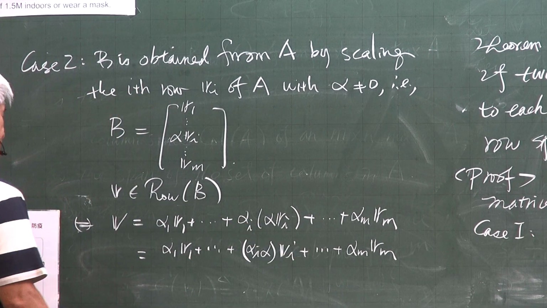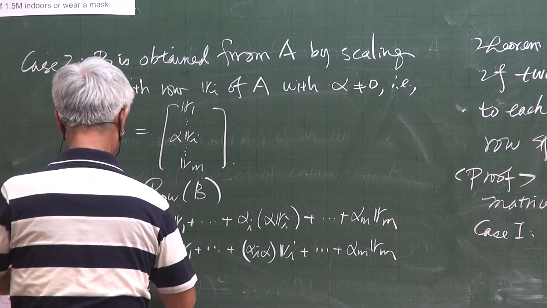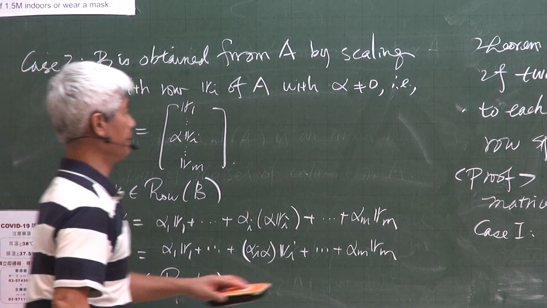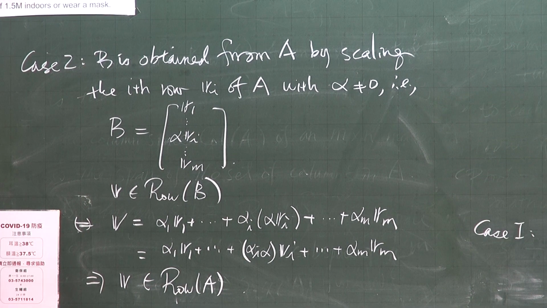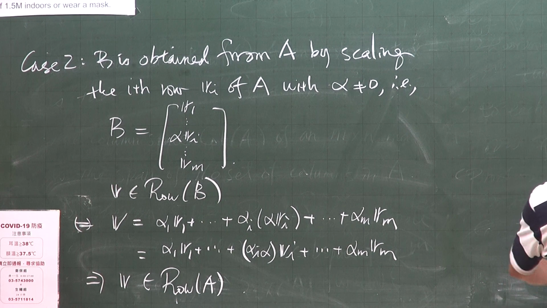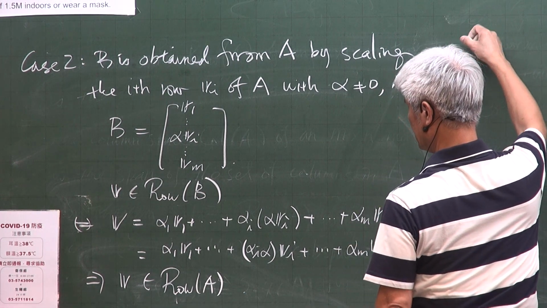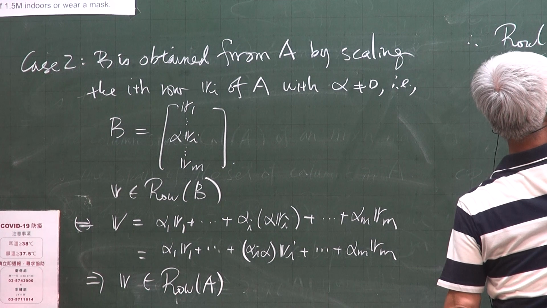So they are rows of A, so this is in the row space of A. All right, and so the row space of B is contained in the row space of A.